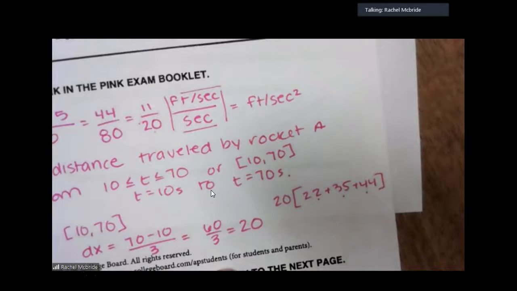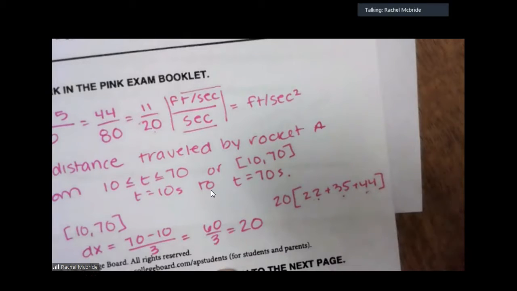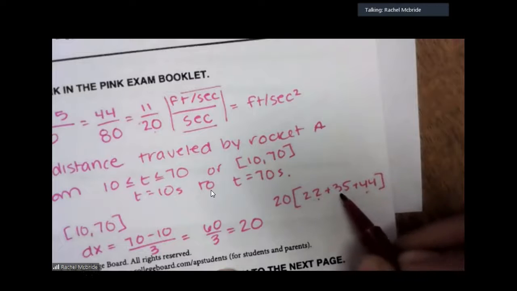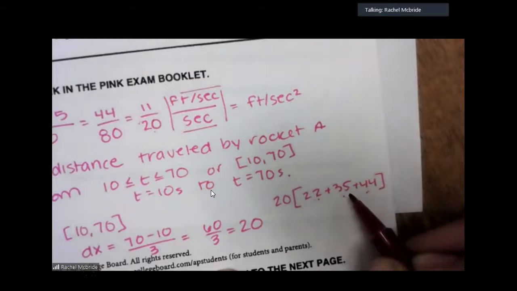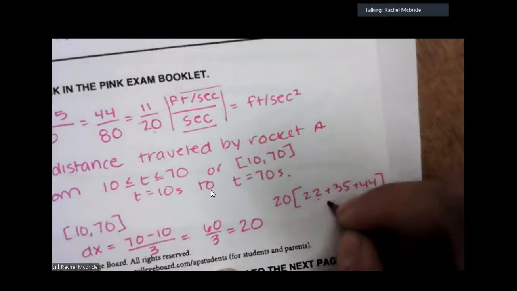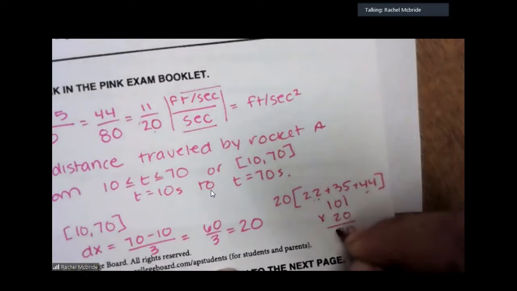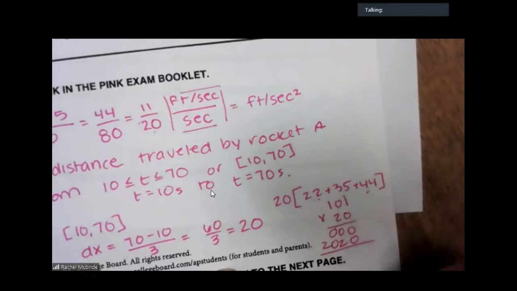So 44 and 22 gave you 66. 66 plus 30 gave you 96. 96 plus 5 gave you 101. And then you just had to multiply that by 20. And you got 2020.